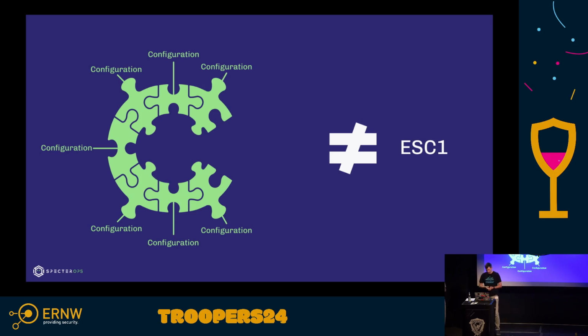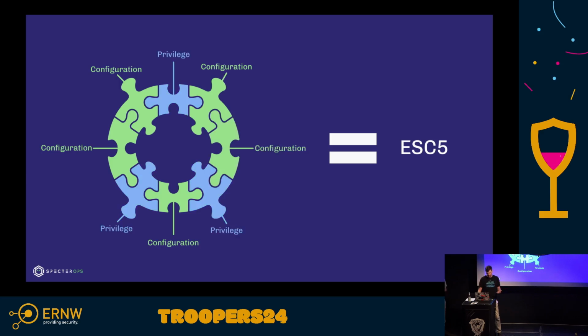Where escalation 5 comes in is we can replace a missing configuration with an existing privilege, and that will slot in perfectly, and from that, escalation 5 emerges. And this is true not just for one or 2 configurations, it's true for all of them. No matter what the combination of missing configurations is, if we can make up for them with privileges, then escalation 5 emerges.